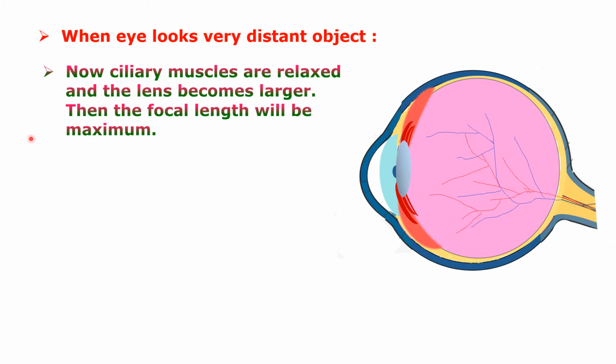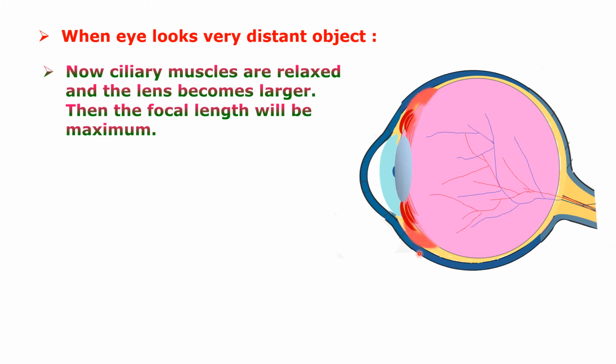That means here parallel rays will come like this and fall on the lens. After refraction, they will meet here. So the maximum focal length of the eye lens is 2.5 centimeters when object is at infinity.